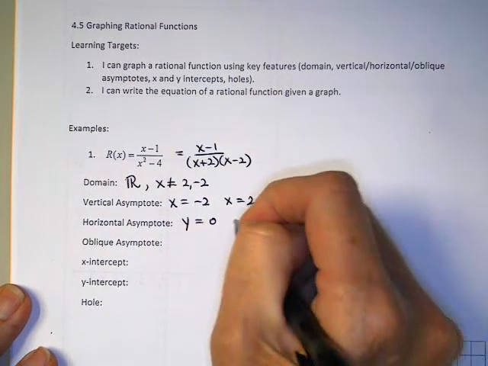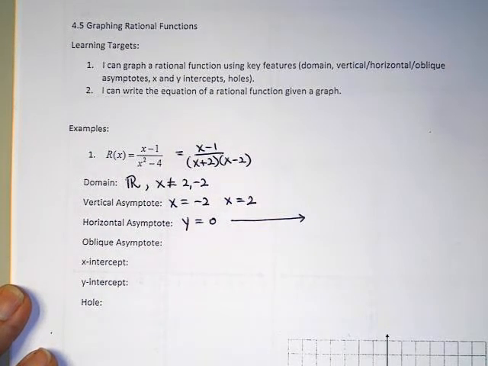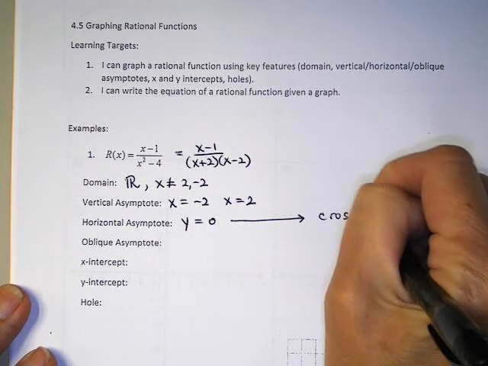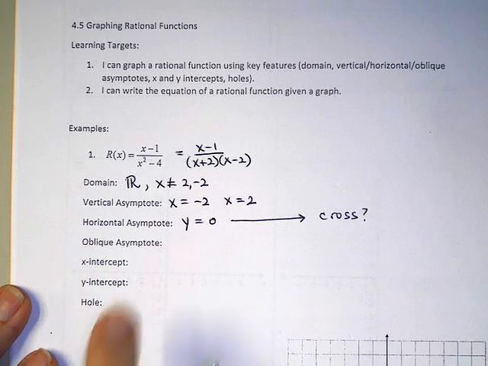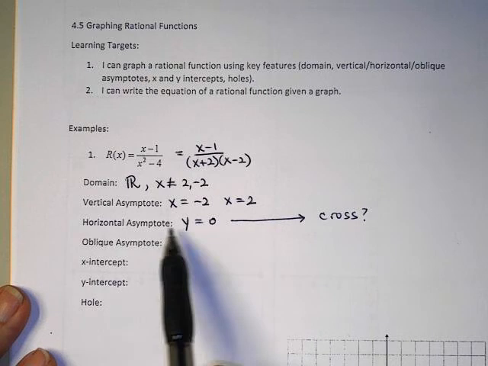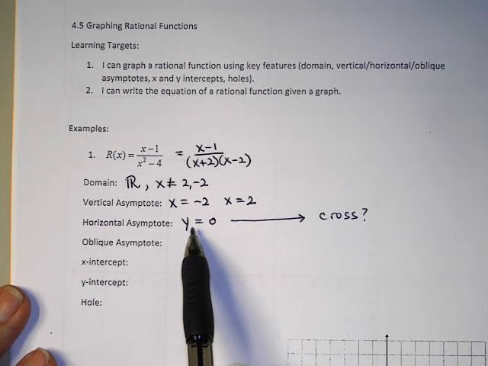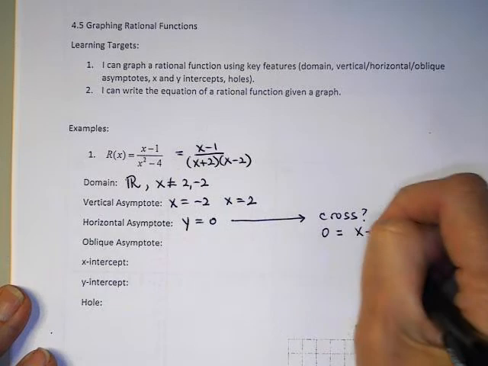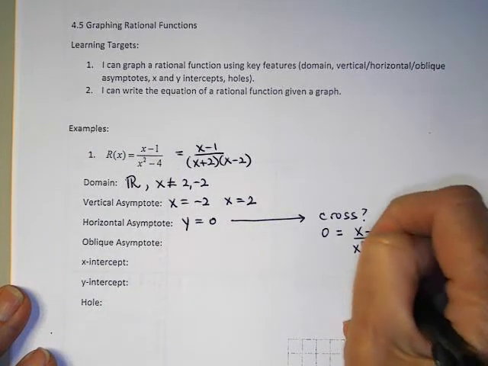The one thing we have to be really careful of in horizontal asymptotes as well as oblique asymptotes is to check to see whether at some point it does cross that asymptote. A horizontal asymptote is actually telling you what happens as you move out towards infinity and negative infinity, not so much what happens in the middle of the graph. And so we have to make sure that somewhere in the middle of the graph we don't actually cross this asymptote.